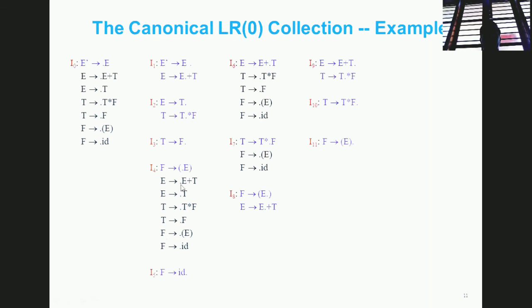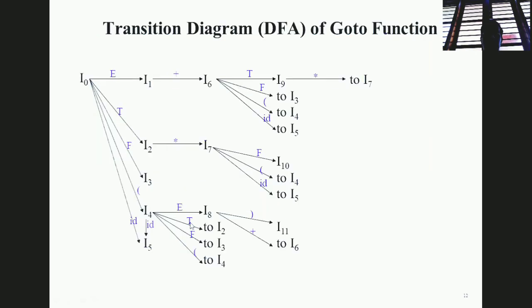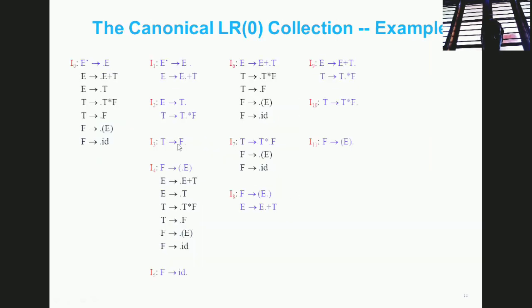Similarly, you have completed T, you have completed E. Now you're supposed to see T tends to F dot. Do you have any T tends to F dot? Once again, I3 already exists. T tends to F dot already exists, so you need not create a new state. Similarly, F tends to open parenthesis dot E close parenthesis. You can just observe whether you have any state which has the same thing, that is open parenthesis dot E close parenthesis.